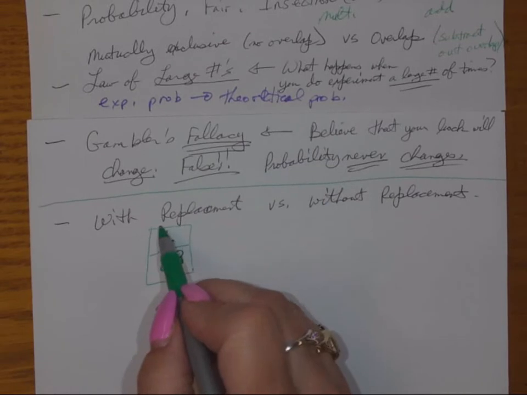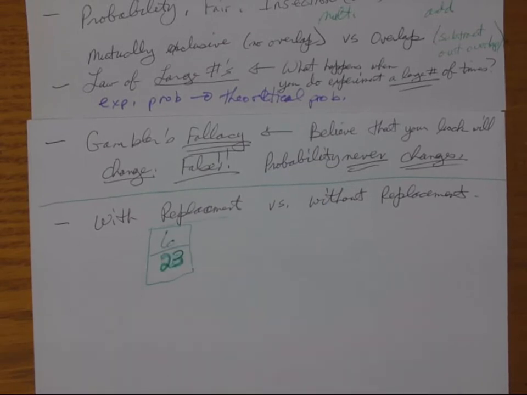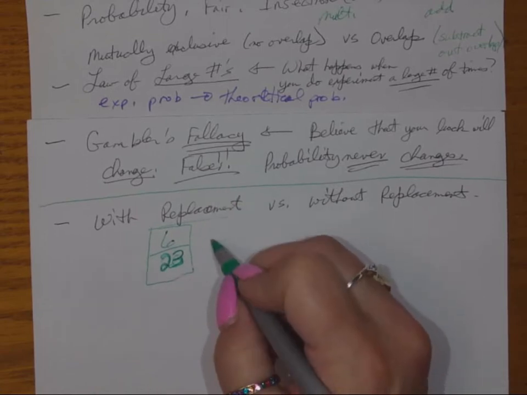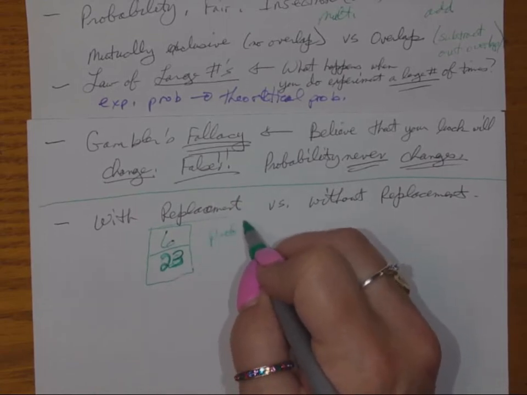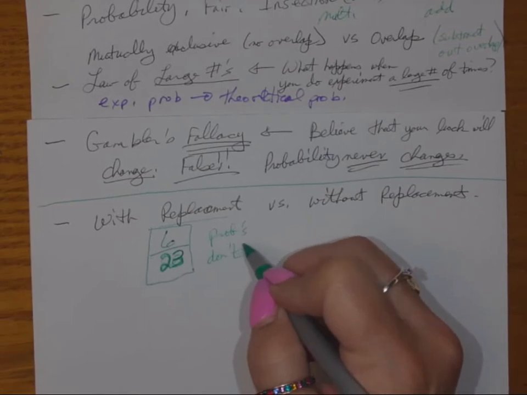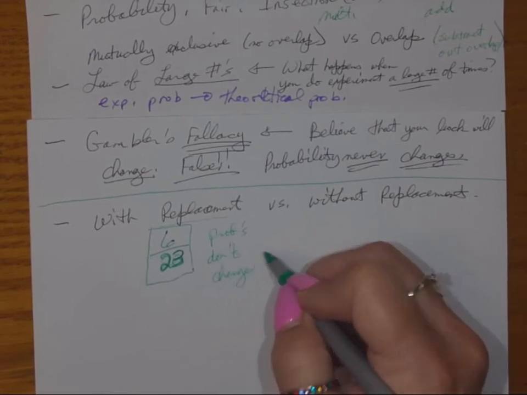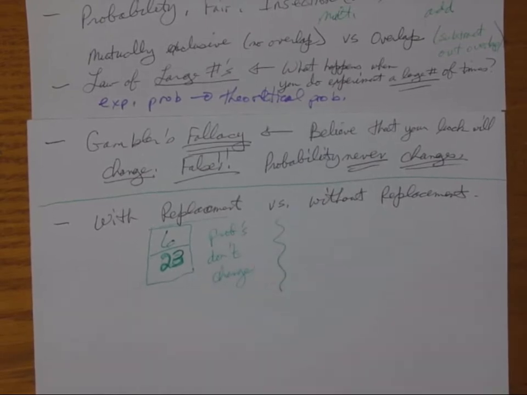If I replace that blue marble and put it back in, then the probability on my next pull out of the bag for getting a blue is what? Still 6 out of 23, right? So the probabilities don't change with replacement. Okay, that's what's going on there.